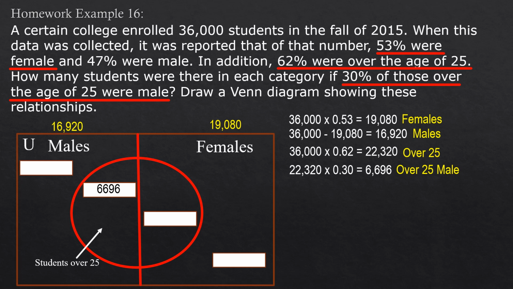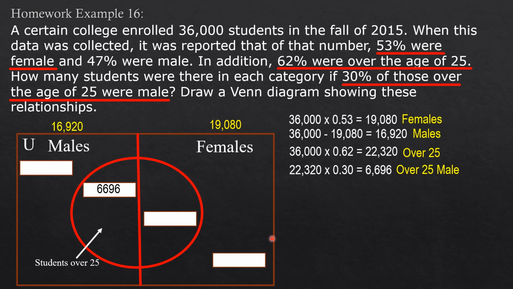Now, if I only knew how many total students were over 25, I could just subtract this number from it to get the females. But wait, I do know the total number over 25. We figured that out, right? Here it is. 22,320 are over 25. If this is the number of males, all I have to do is subtract the males out and you get the females.